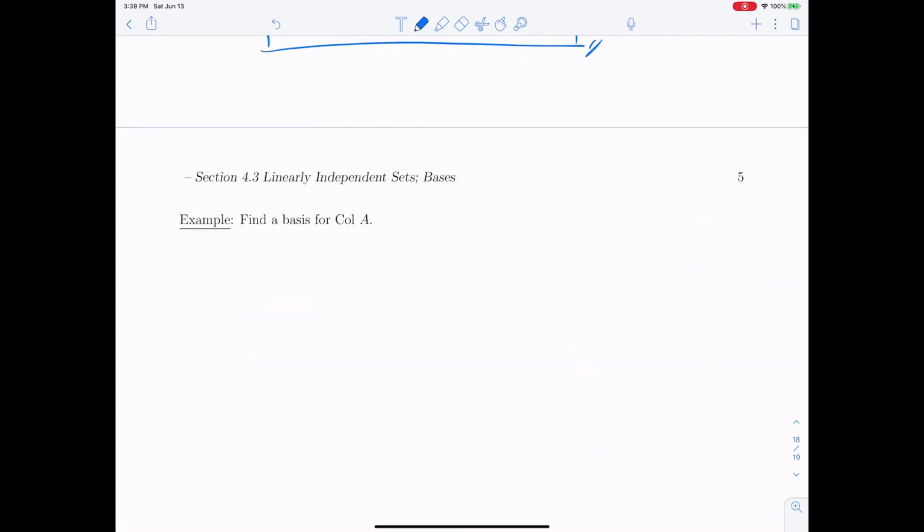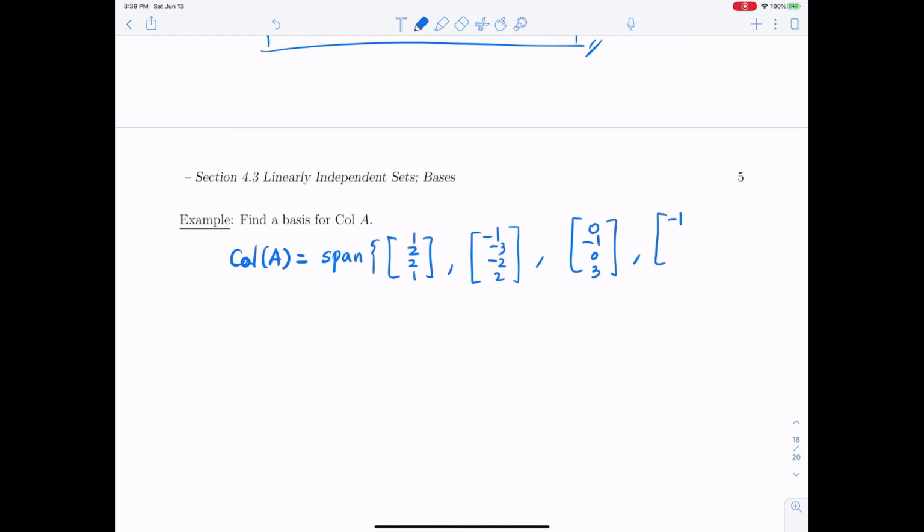On the other hand, the basis vectors for the column space are a little bit trickier. Let's collect all the columns of A to form the column space. The column space is given by the span of the column vectors of A, which are (1, 2, 2, 1), (negative 1, negative 3, negative 2, 2), (0, negative 1, 0, 3), (negative 1, negative 4, negative 2, 5), and (5, 8, 2, 1).